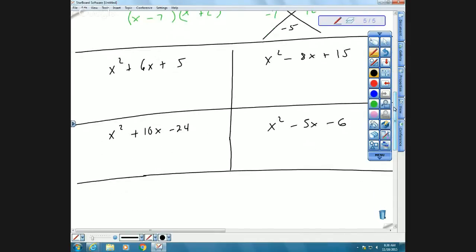All right, so there's only 4 different options here with your signs. We'll go through these problems, and then I'll show you the pattern that works on these.